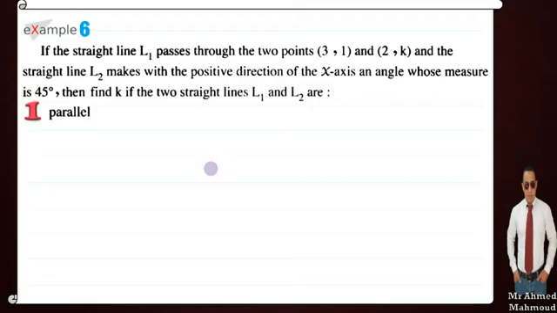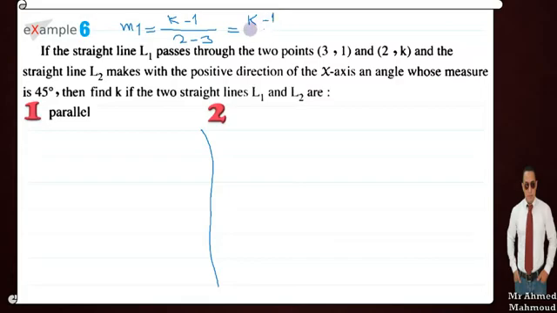Okay, number 1. Here m1 equals k minus 1 over 2 minus 3, which is equal to k minus 1 over negative 1.